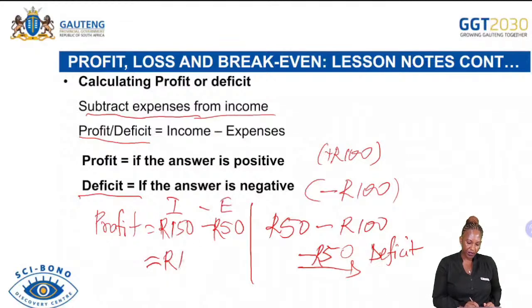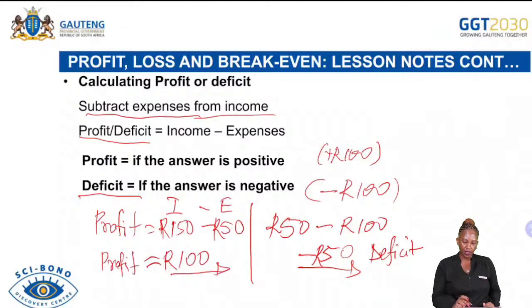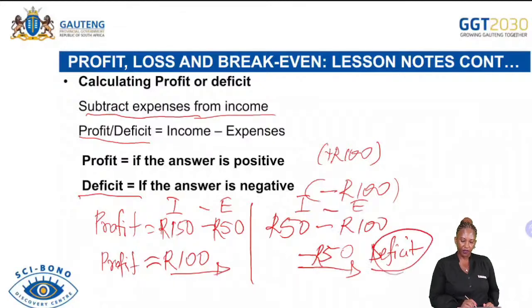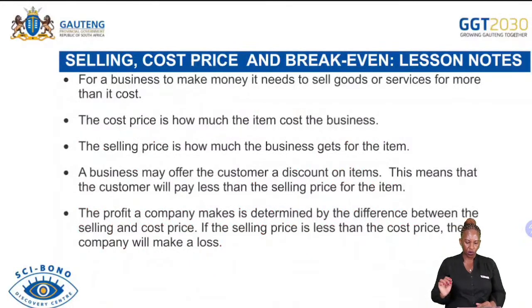What will be the difference? The difference will be 100 rand. As you can see, it's positive. That means it is a profit. You just need to make it that way so that you remember, boys and girls. Like I said, it is income minus the expenses. If it's negative, we said it is a deficit. I hope we are still together, boys and girls, so far.